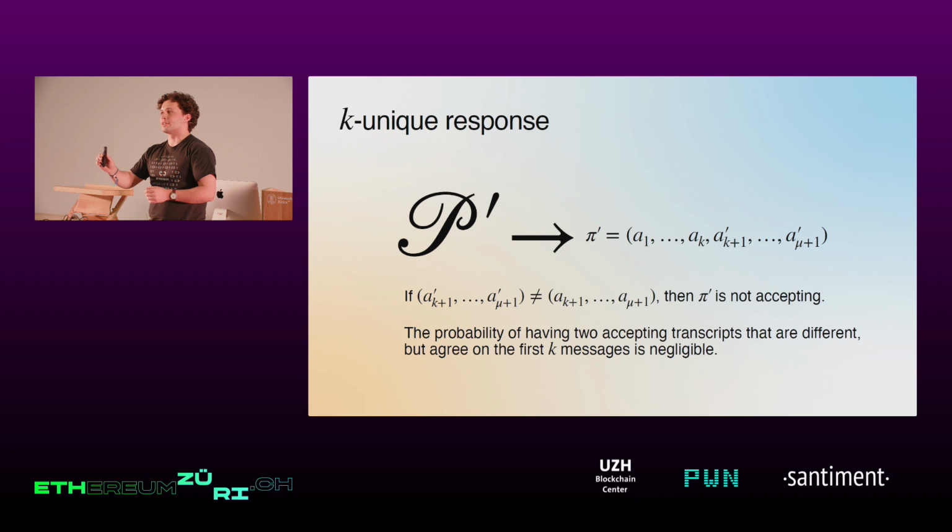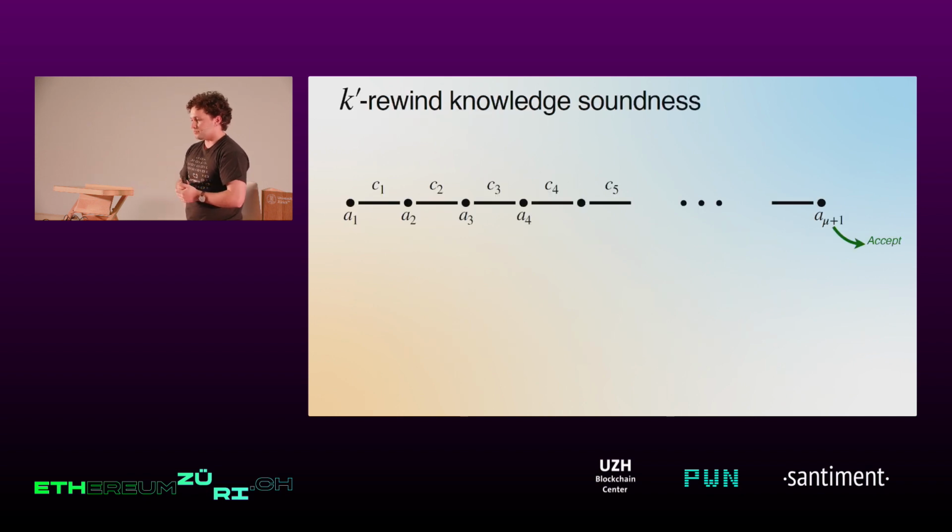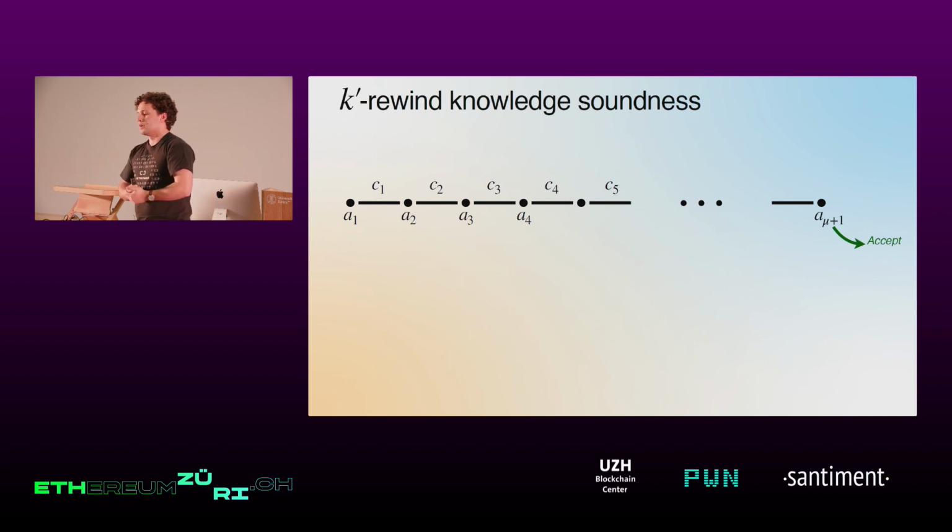What I'm not telling you is that the adversary has the possibility of programming the k-th challenge. Even in that case, having two transcripts that are different but agree on the first k messages is impossible. All right? What about this rewind knowledge soundness that we need in a transparent case? Here's a running instance of the protocol where the dots represent prover messages and the edges represent verifier messages.